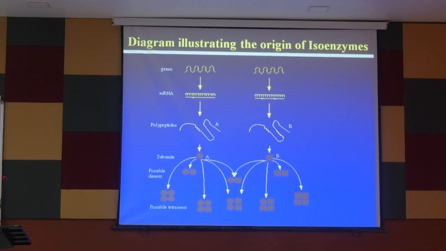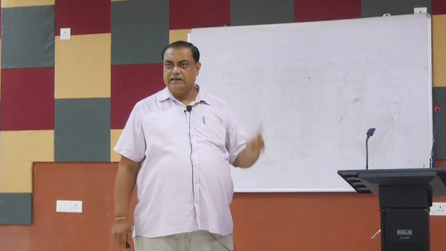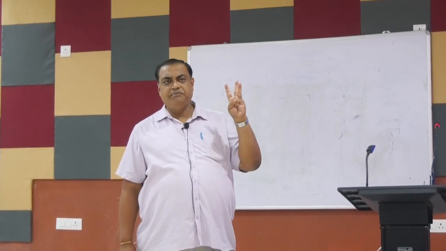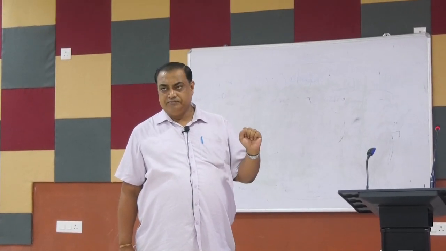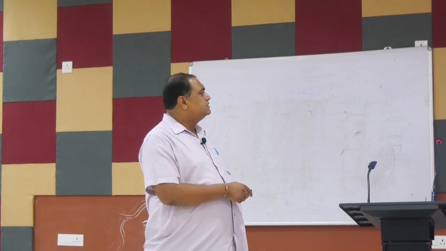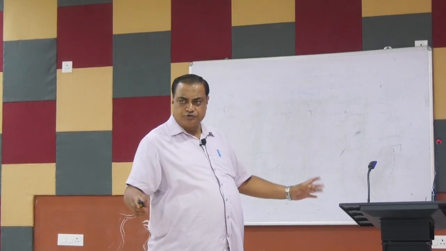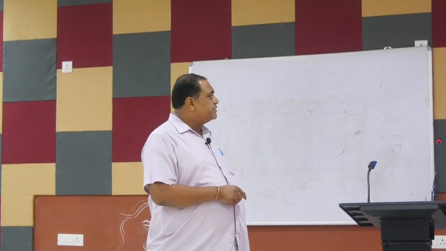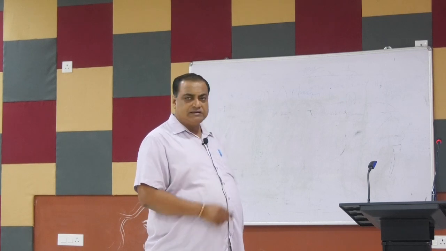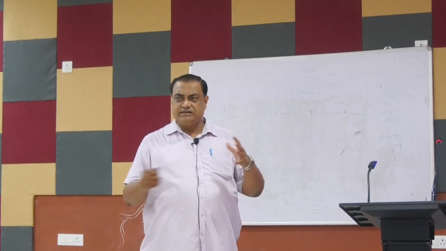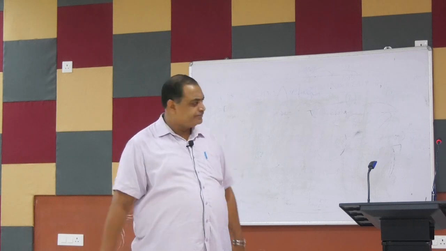LDH contains 4 subunits of 2 types. One is H type, heart, and one is M type, muscle. Consider this is H, this is M. This is expressed in heart, this in muscle, and other tissues have a mix in between.